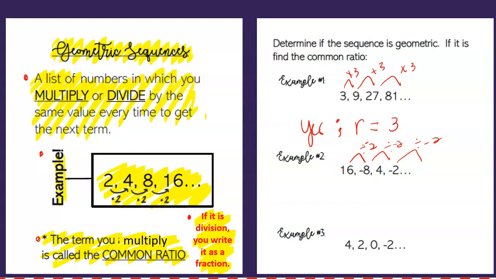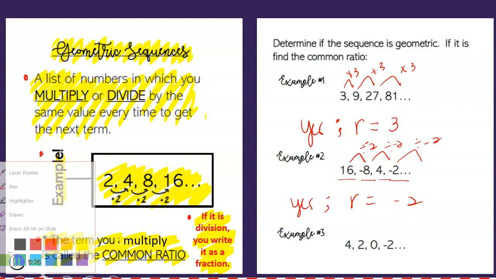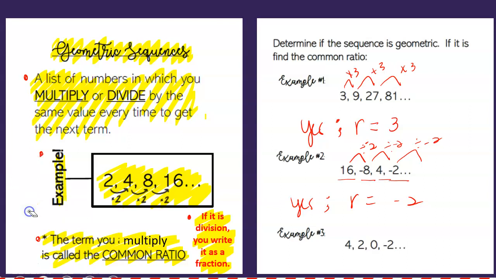Normally, whenever you see it going positive, negative, you're multiplying or dividing, depending on which one it is, by a negative number. Okay? So here's where we have to go back. Yes, this is geometric, but I can't say R equals negative 2. If I say R equals negative 2, that tells me I am multiplying by negative 2, and I'm not multiplying here, I'm dividing. So then what we have to do is write the reciprocal.